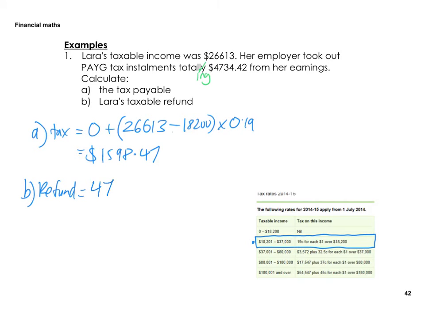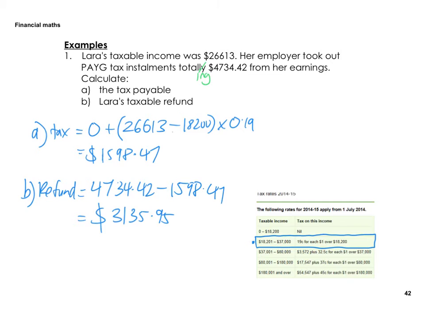So 4734.42, take away what she needs to pay, to get her refund, which is $3,135.95. So remember, one more time, what goes in the table, that's what she needs to pay, and this over here is what she actually paid.